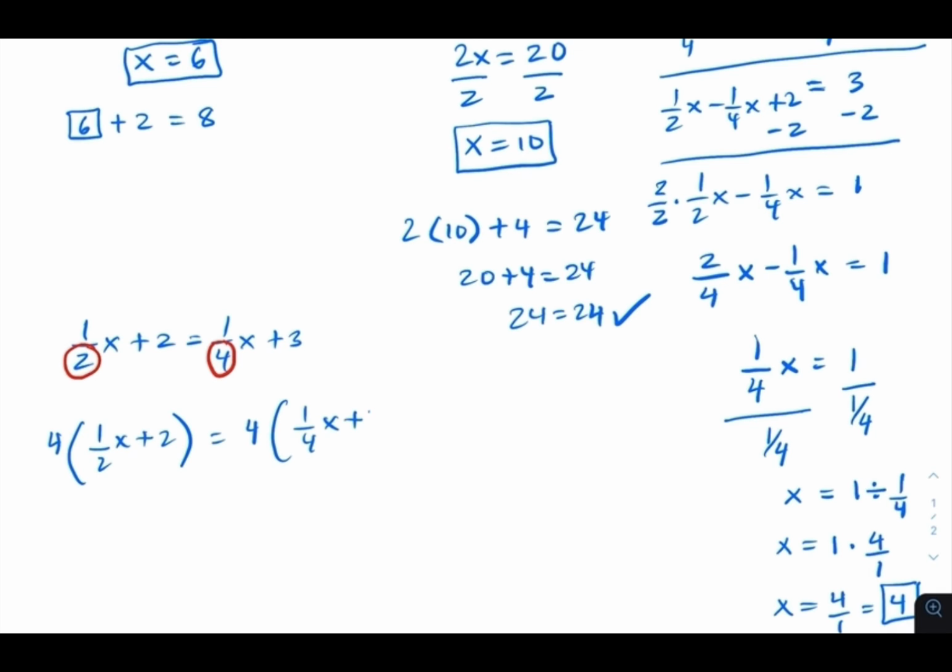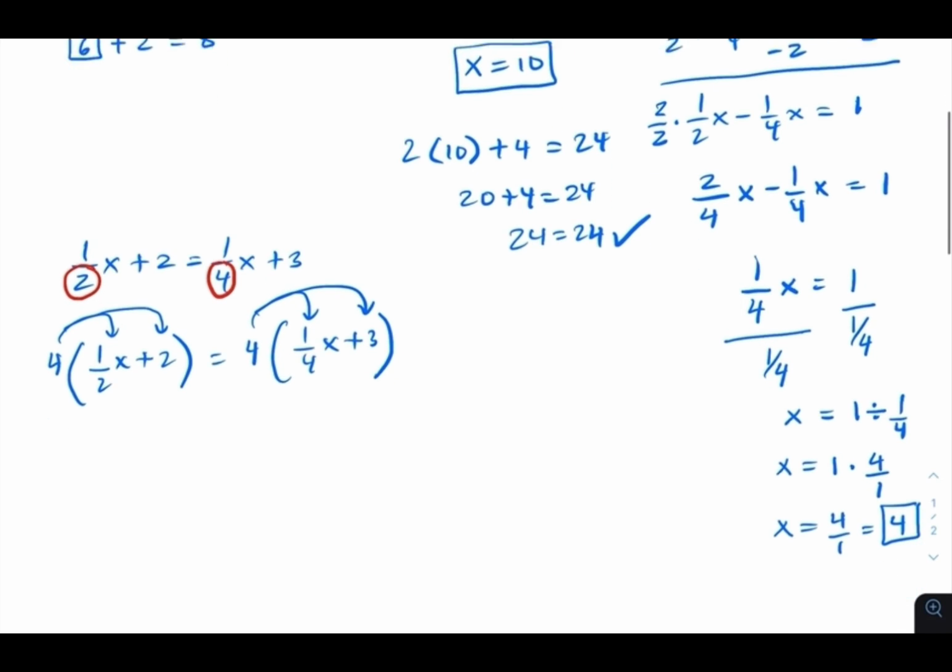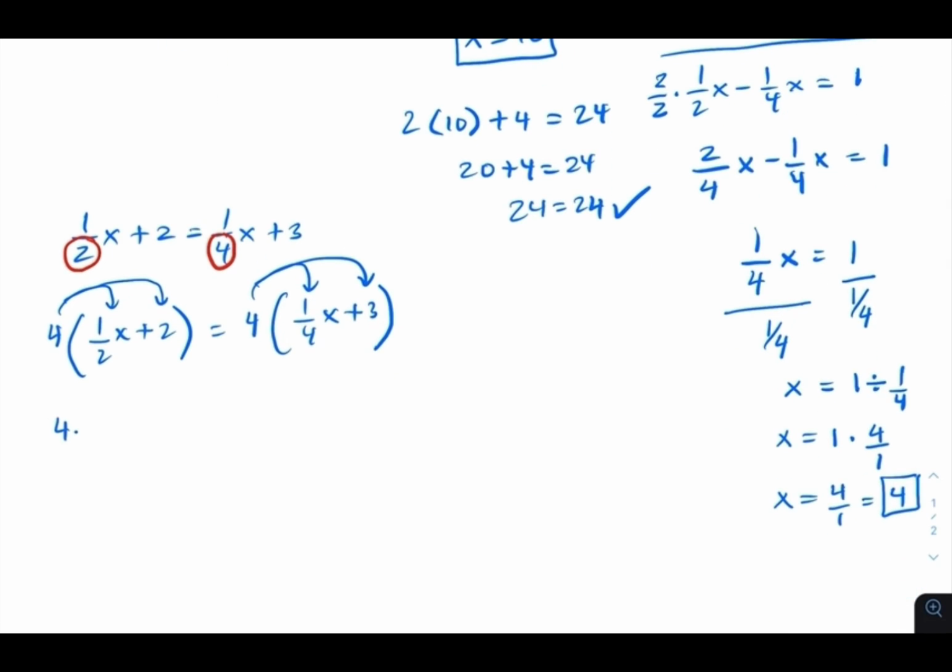Remember, when you're multiplying by a number here, you want to distribute that number into each of these parts. And so you have 4 times 1/2 x plus 4 times 2 is equal to 4 times 1/4 x plus 4 times 3.